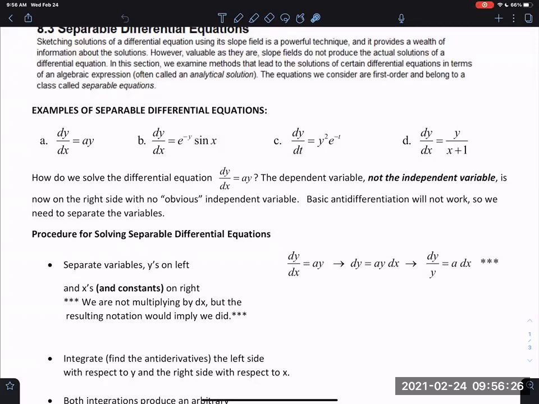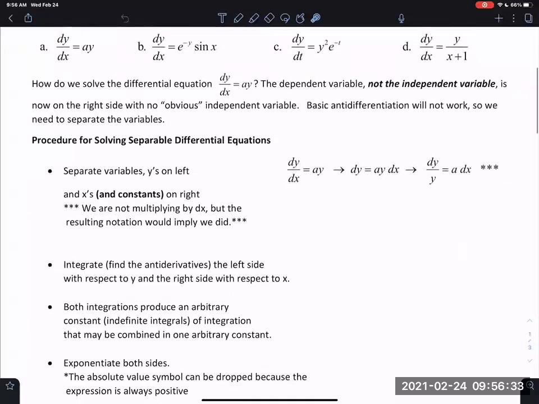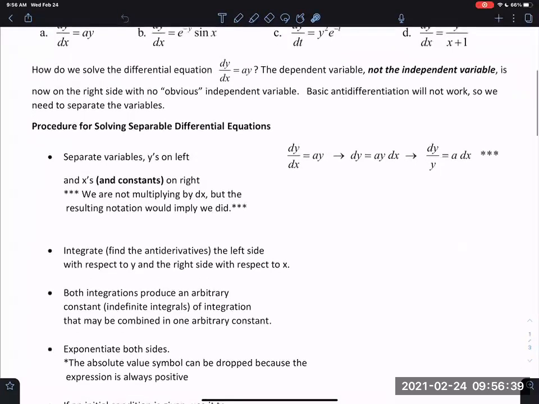So your procedure, okay? I'm going to take you through dy/dx equals ay. We're going to solve that one using a process that we want to use moving forward when we're using the separable method. We're going to separate the variables. I 100% of the time put the y on the left, okay? I'm never going to put it on the right. So your y's are going to go on the left, x is on the right, and constants go to the right.